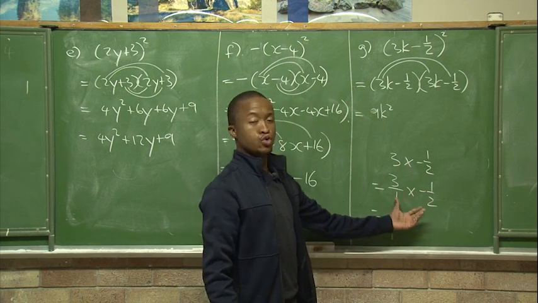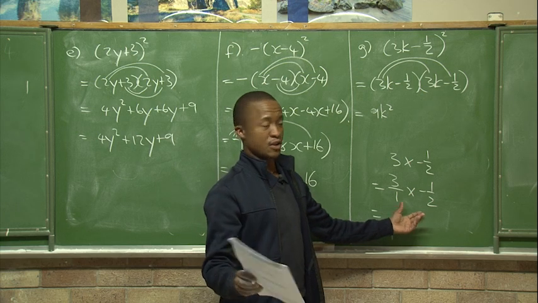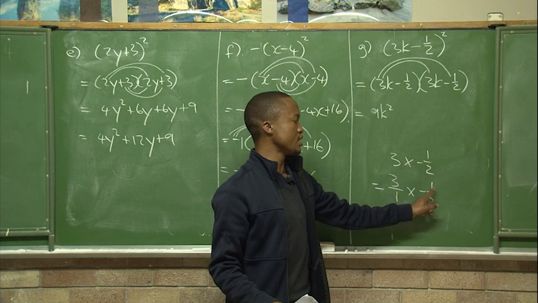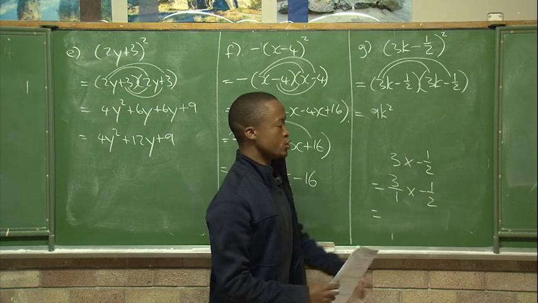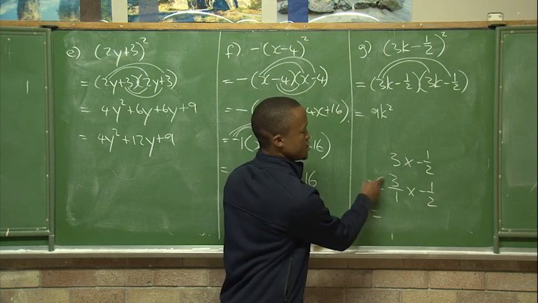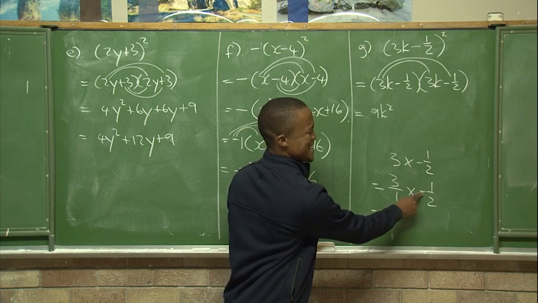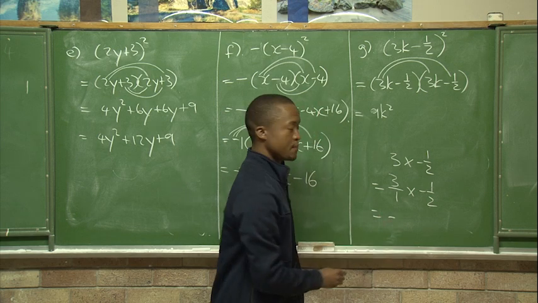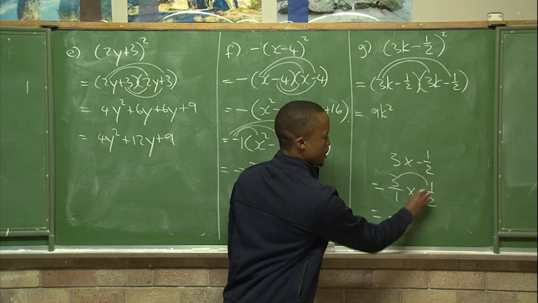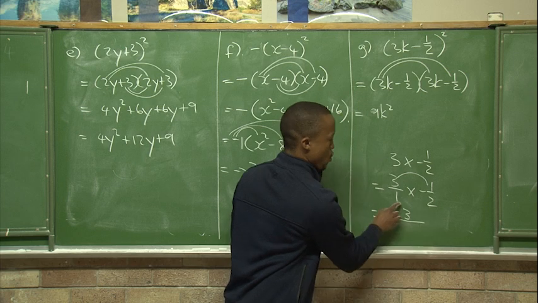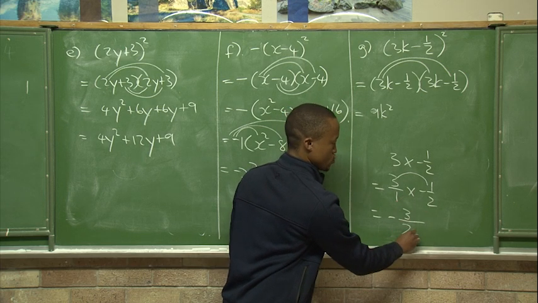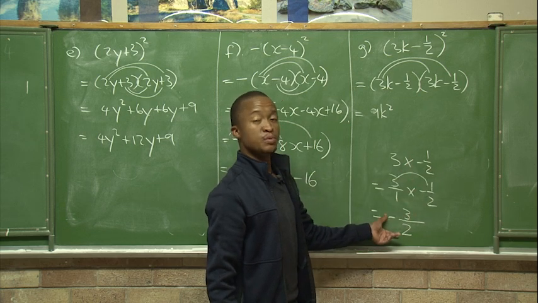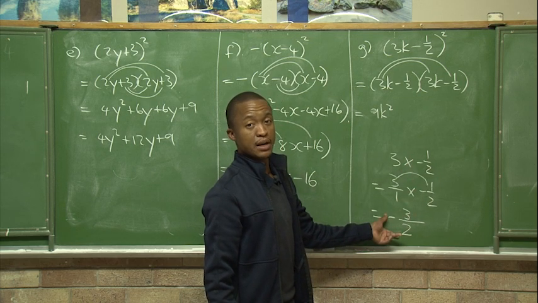How do you multiply two fractions? You know from grade 8 that when you multiply two fractions, you simply multiply the numerator and the numerator, denominator and denominator. Because this value is positive and you multiply with the negative value, positive times negative will give us negative. And then 3 multiplied by 1 will give us 3. 1 multiplied by 2 will give us 2. So it means when we multiply 3 and -1/2, the answer will be -3 divided by 2.